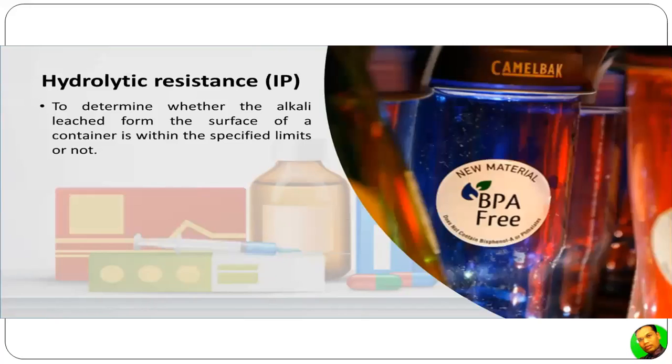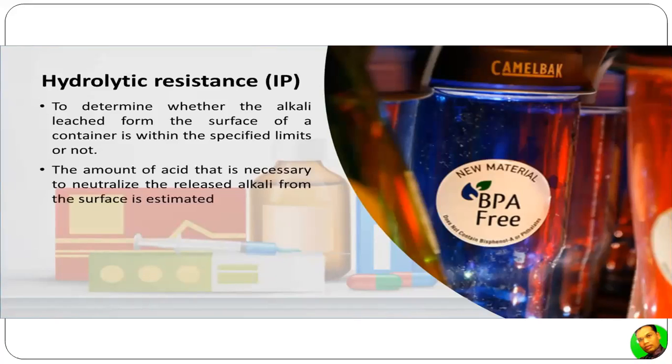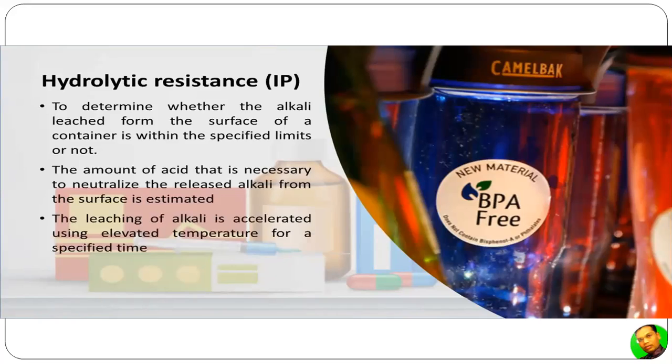Hydrolytic resistance test is used to determine whether the alkali leached from the surface of a container is within the specified limits or not. The amount of acid necessary to neutralize the alkali released from the surface is estimated, and the leaching of alkali is accelerated using elevated temperature for a specified time.